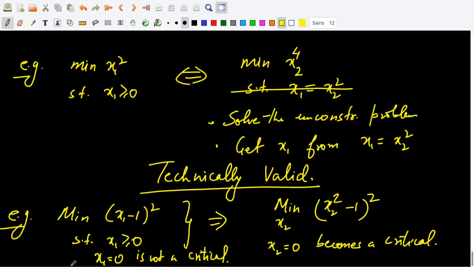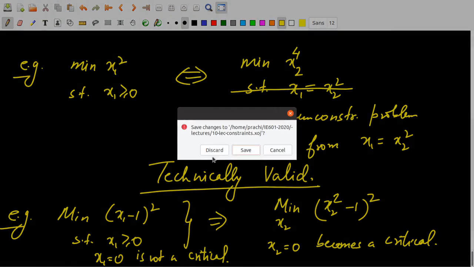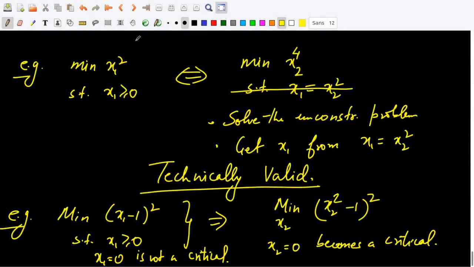Okay, so this is something which usually falls under the case of modeling things.